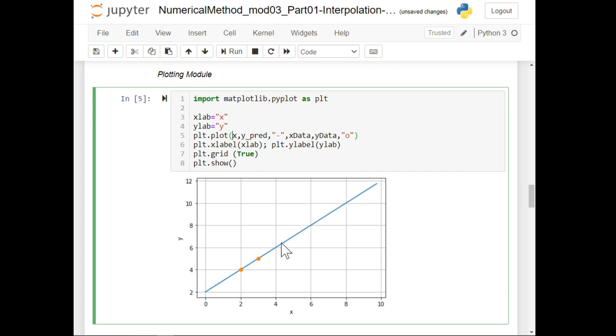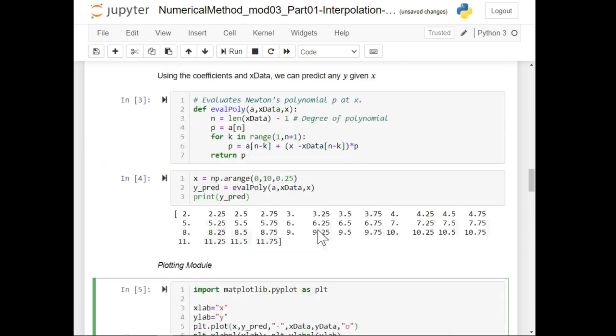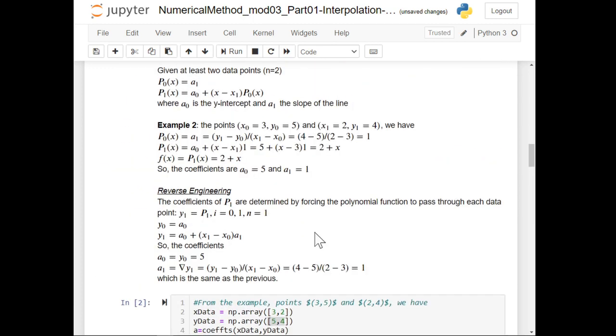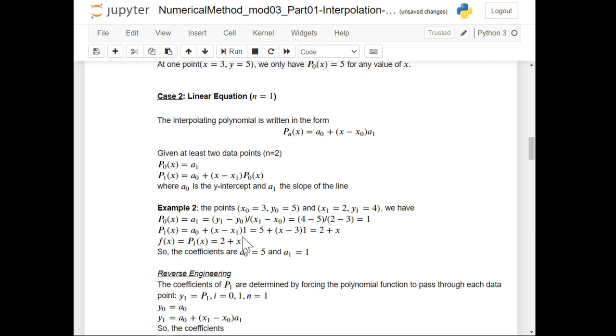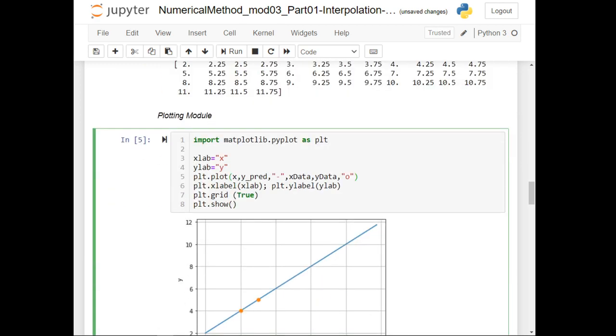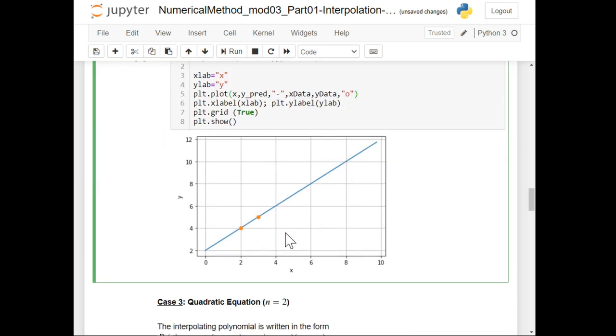So this is interpolation because we are forcing a function to pass through the 2 points. We know also in trigonometry that given 2 points you can construct a line. That's why we call this case number 2, linear equation, with the first degree.